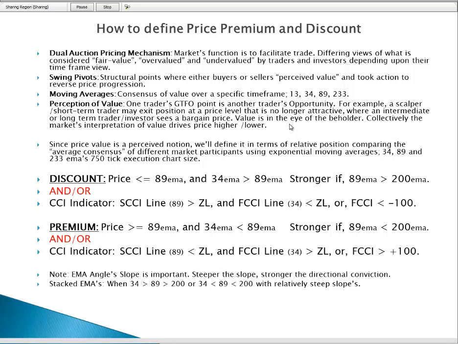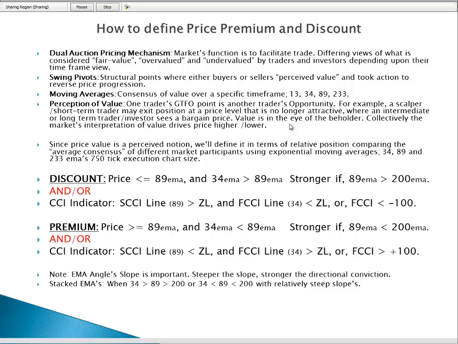So we want to take a measurement of what is considered a short-term view, an intermediate-term view, a longer-term view of what perceived value is. Again, based upon a time horizon, that will vary.